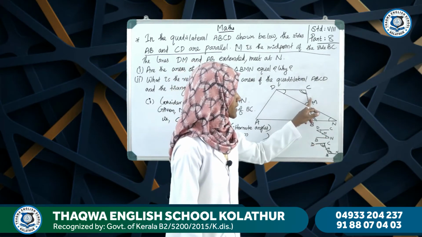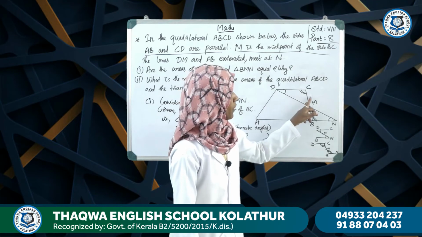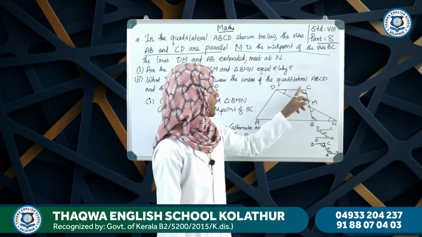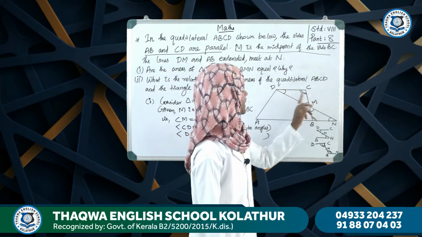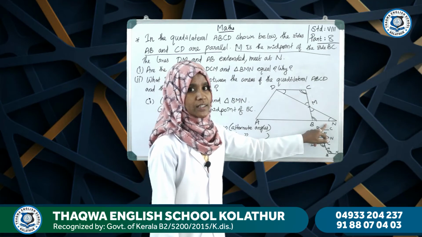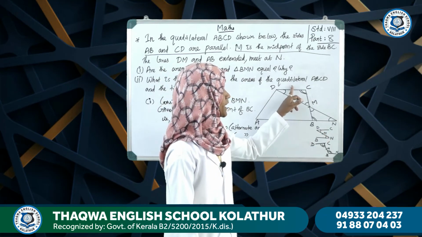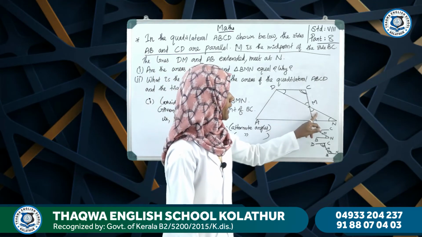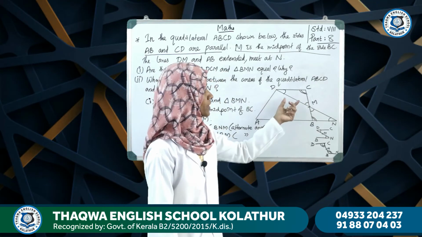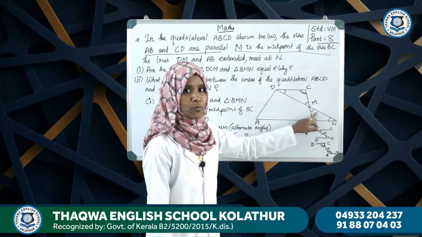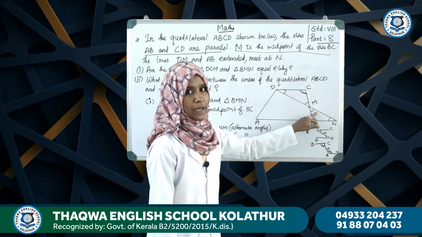One side and the two angles at its ends of triangle DCM and triangle BMN are equal. Thus, the sides opposite the equal angles are equal, and the third angle is also equal.